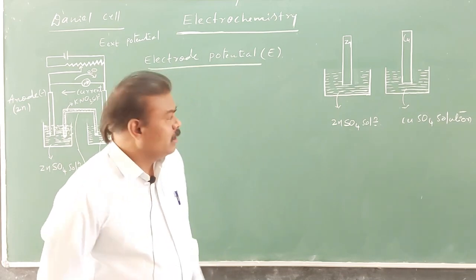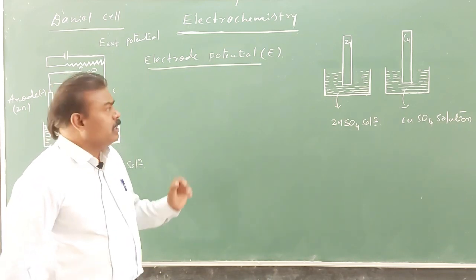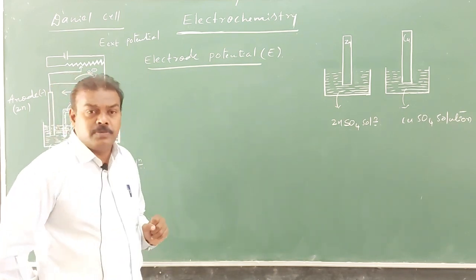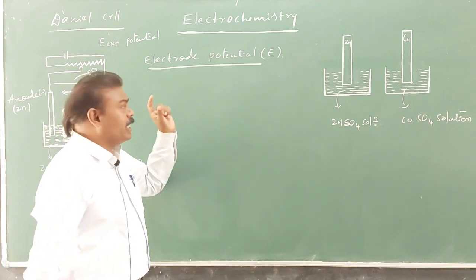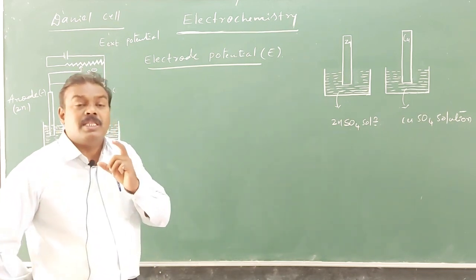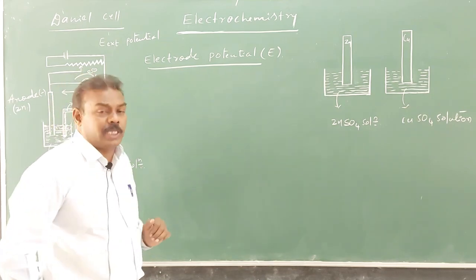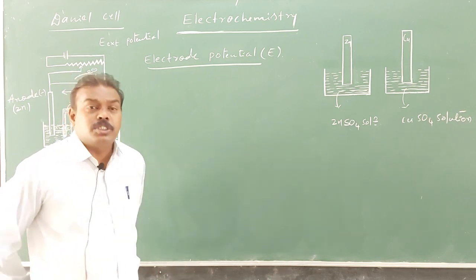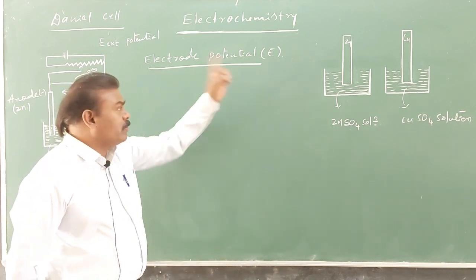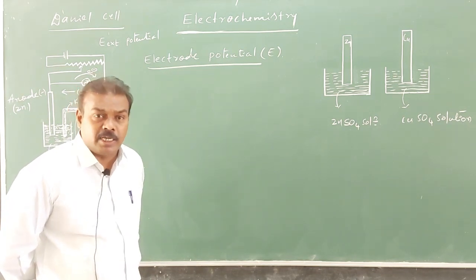Then what is called electrode potential? Electrode potential means the potential developed when the metal is in equilibrium with the solution of its own ions, and it is given by the sign or notation capital E. Following?